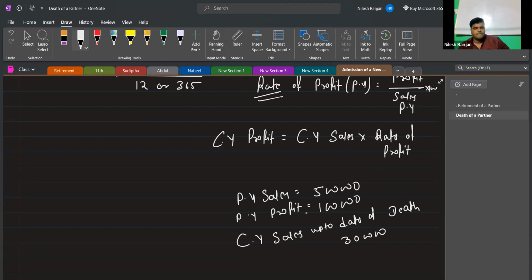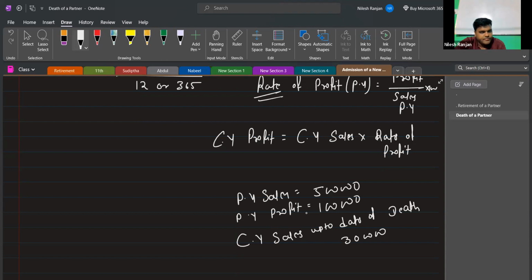So the rate is 20% profit. And the current year sale is 3 lakh. Yes, 3 lakh.